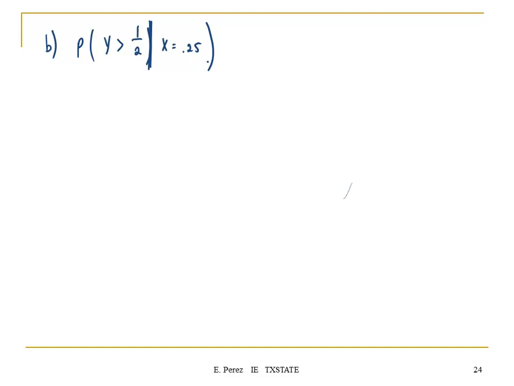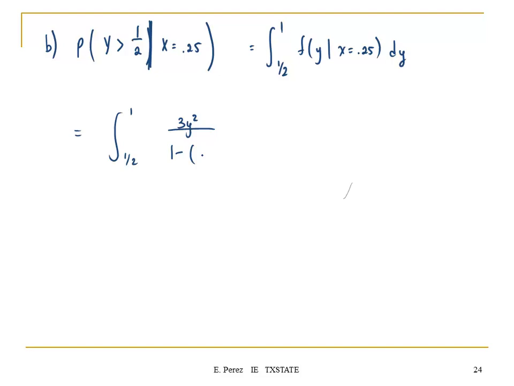So knowing this, we can integrate from 1/2 to 1 f of y, given that x equals 0.25, dy, and that will be equal to the integral from 1/2 of 3y squared over (1 minus, we know the value of x, right?